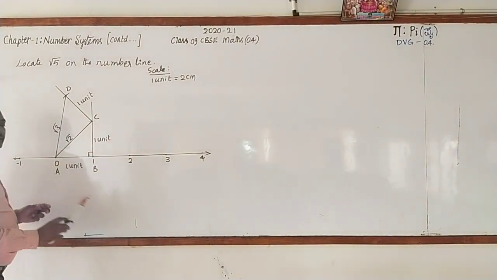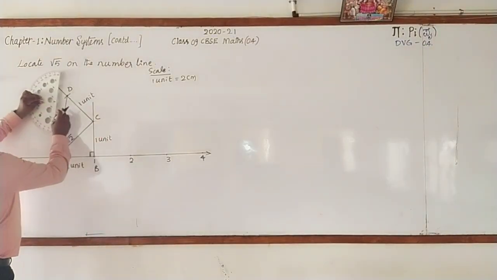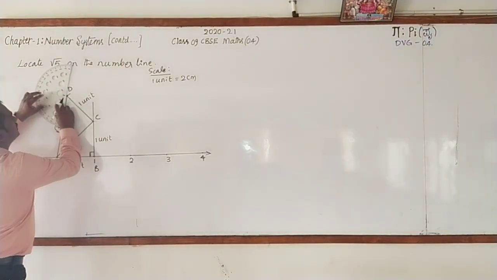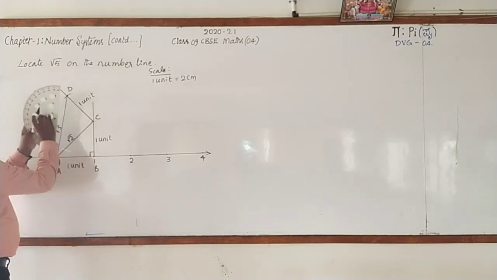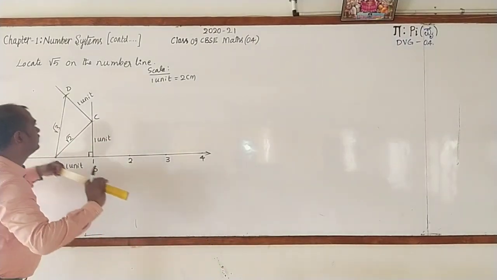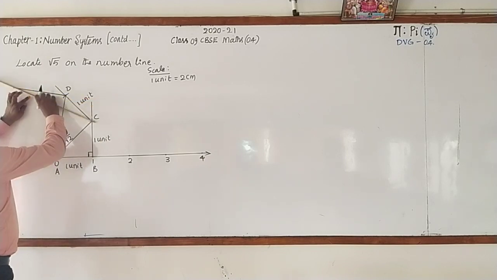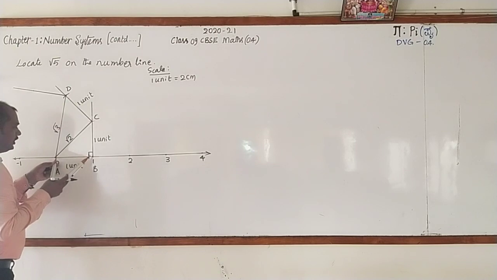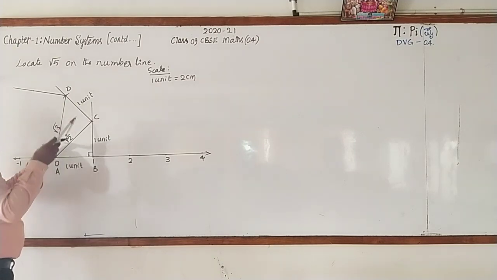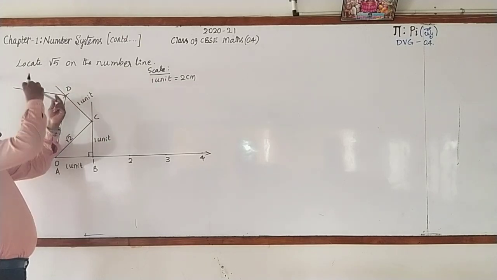Next, again you should take the protractor, place its midpoint at D, mark against 90 degrees. Then take a scale, draw a line from the point D and let it pass through the point marked. In the compasses, again take 1 unit, that is the distance of AB, with D as center, draw an arc.